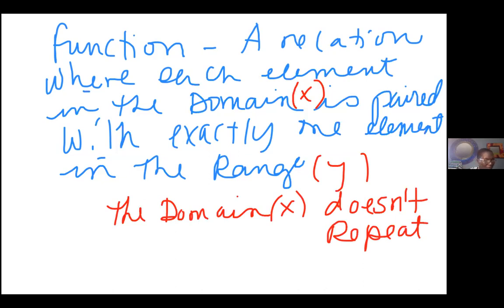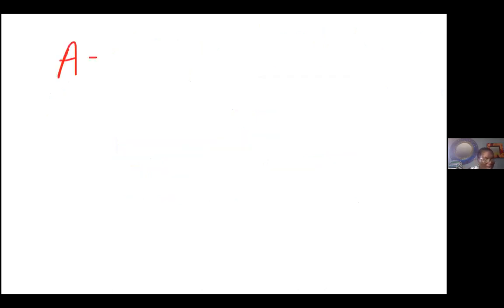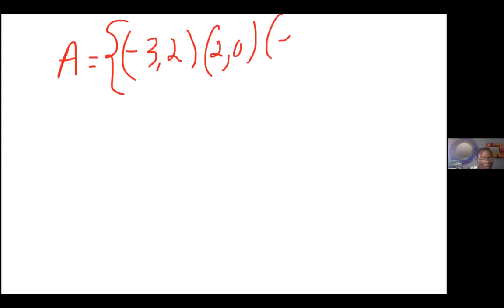Now, I am going to move back up to that relation we were talking about earlier, relation A, guys. Relation A had the elements -3, 2, 2, 0, -1, 2, and -2, 2.